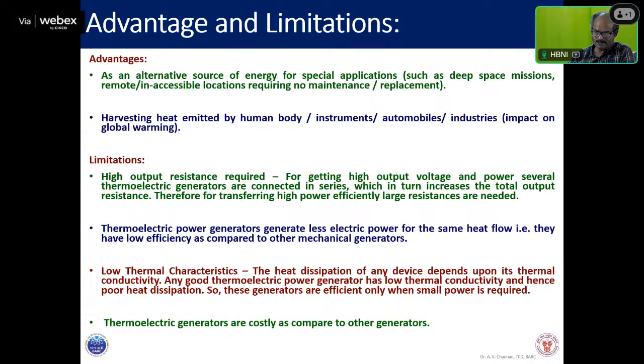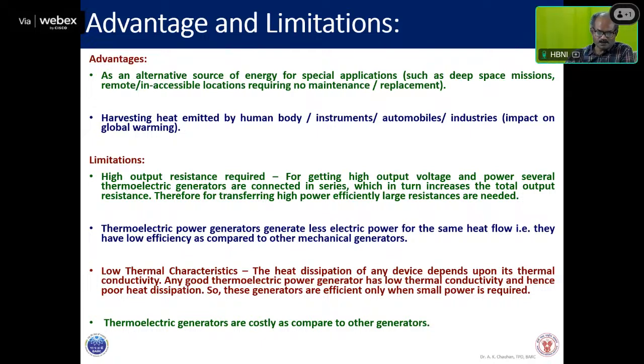One part is at 37, another part is at room temperature, and you can generate some microwatt of power, and that microwatt power you can utilize for driving certain extremely low power instruments like chips and other small, very low power equipment.